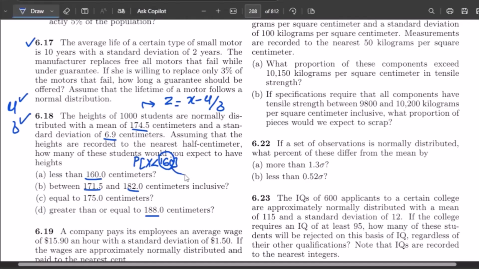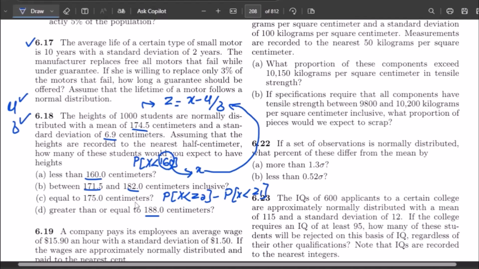What do we have to do? This is the small x, and similarly here, first we will convert it into z, and after that we will use the z distribution table. It would be very easy because it is already in the formulation: the probability that x is less than 160 becomes the probability that z is less than the converted value. Similarly, in b, between 171.5 and 182.0 centimeters, it will be the probability that z is less than z2 minus the probability that z is less than z1.